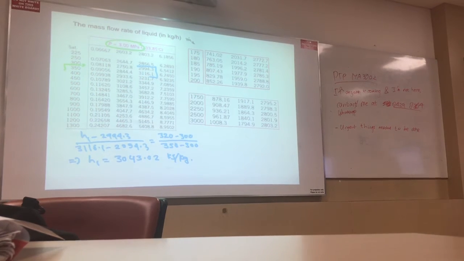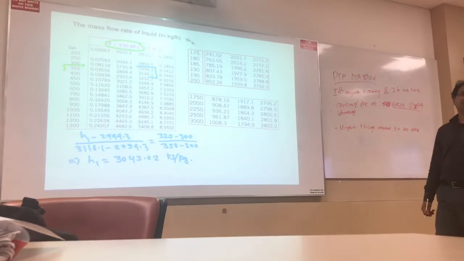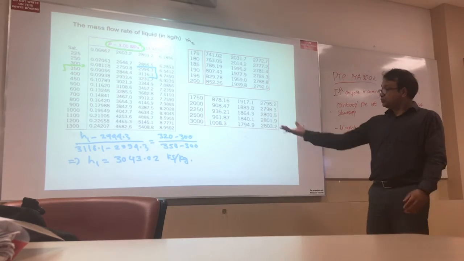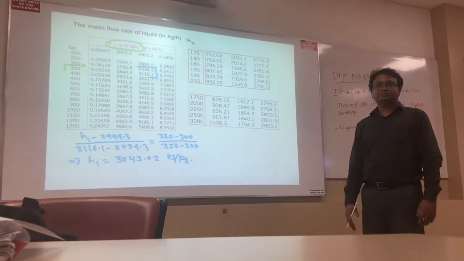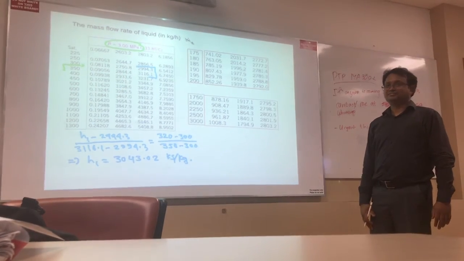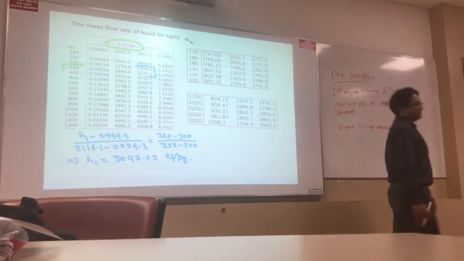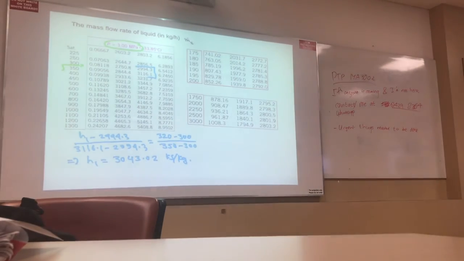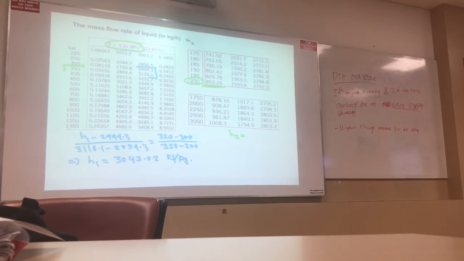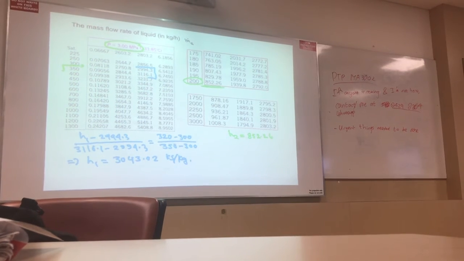Right, done. I show you here because in the quiz, many people do not do the interpolation. I show you here again, so do more practice. So h1 I get it. What is h2? h2 at 200 degrees Celsius is hf, that means 852.26.